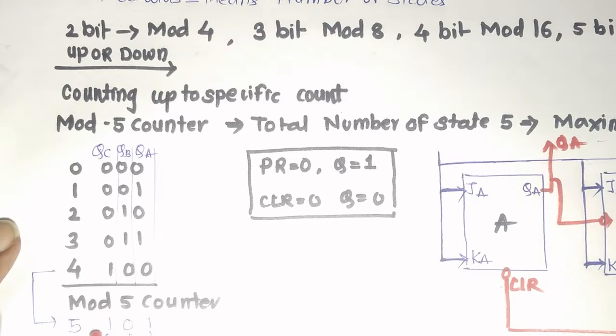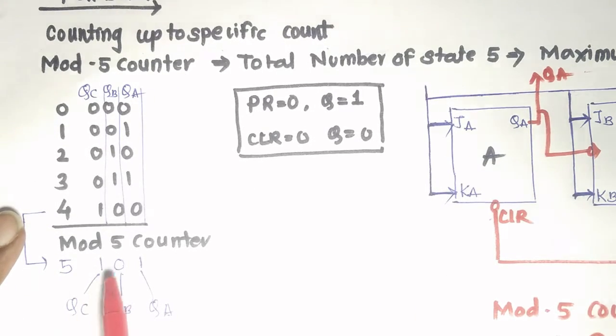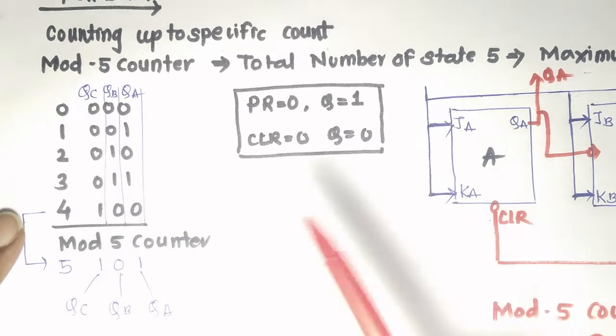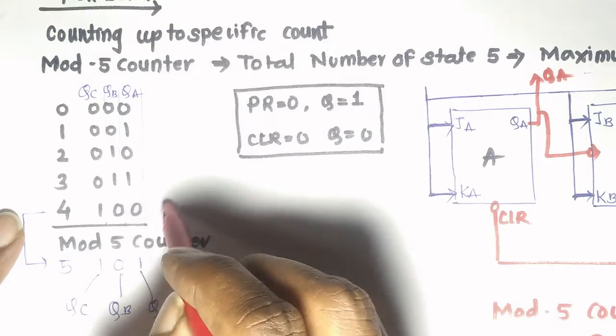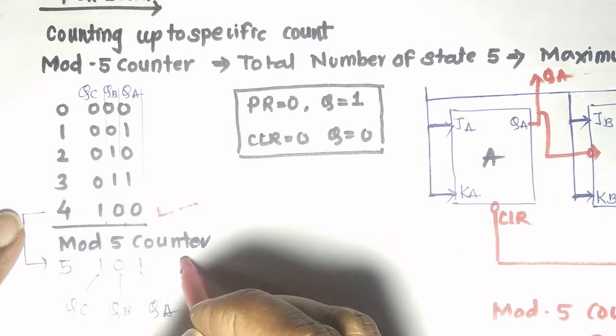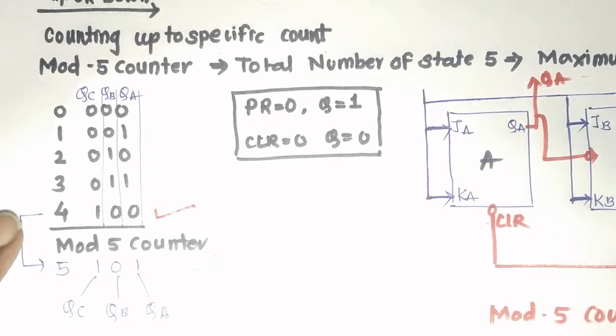After that we have to stop our counter at 101, that is 5. If the counter reaches 101, then the counter will reset to 0. So after counting the value 4, the counter will count the next value, that is 000, that is 0.